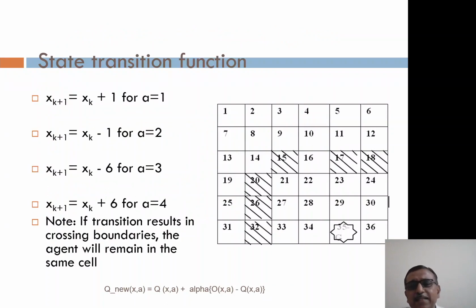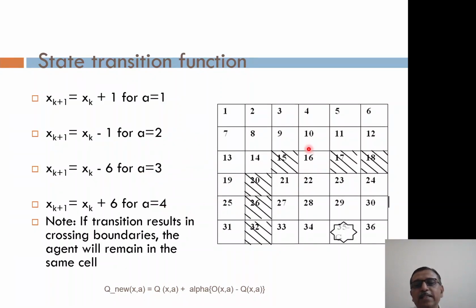What is the state transition function? When you write the code, you may have to take care of some special cases. In general, I have modeled the problem such that action 1 stands for right, action 2 stands for left, action 3 stands for up, action 4 stands for down.